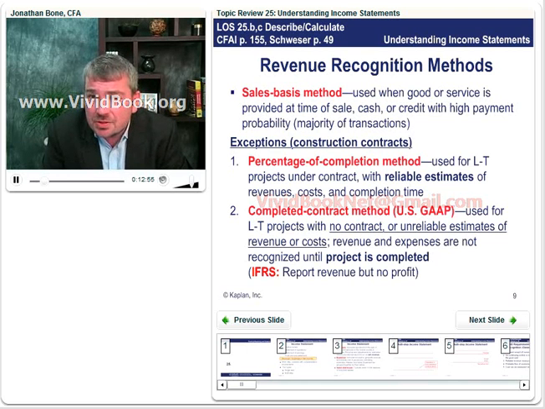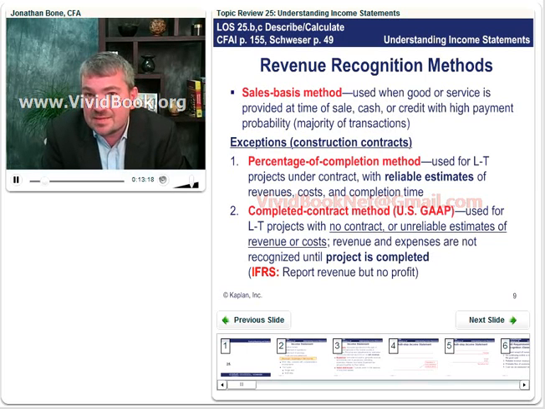Now, completed contract method must be used when percentage of completion can't be used under US GAAP. So in other words, if you don't have a contracted selling price or you don't have a reliable estimate of total cost, then you can't use percentage of completion. Why? Let's think about it. If we have a contracted selling price and a reliable estimate of total cost, we know whether this contract is likely to be profitable.